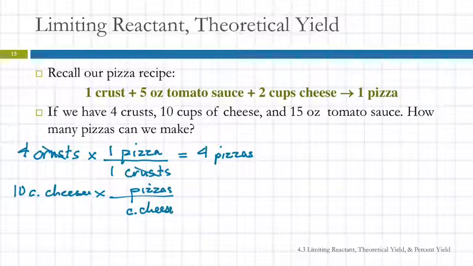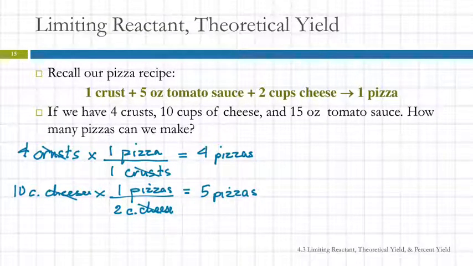And this ratio also comes from the recipe, the equation. 2 cups of cheese to 1 pizza. These numbers right here. 1 pizza, 2 cups of cheese. And those units cancel out, and that gives us 5 pizzas.